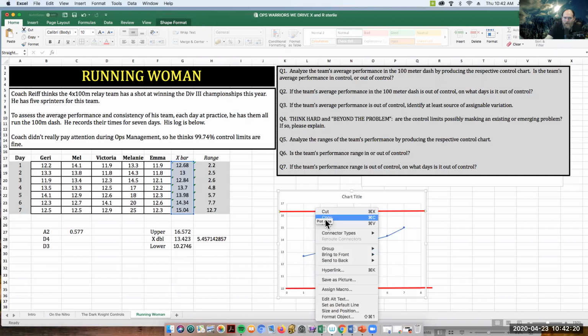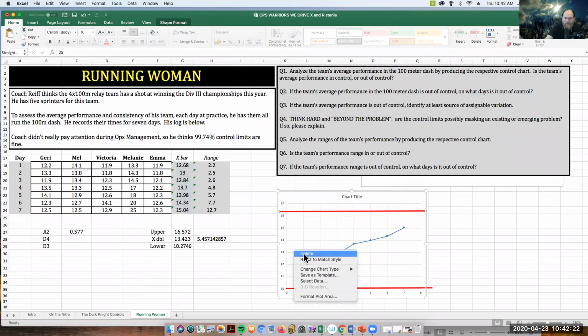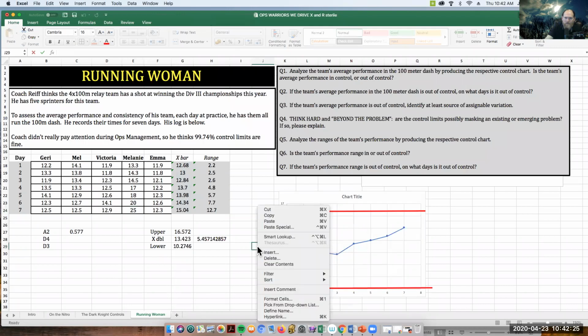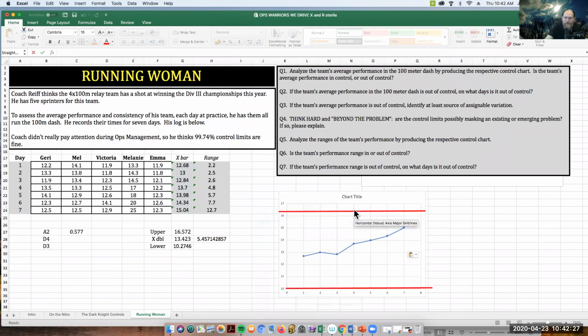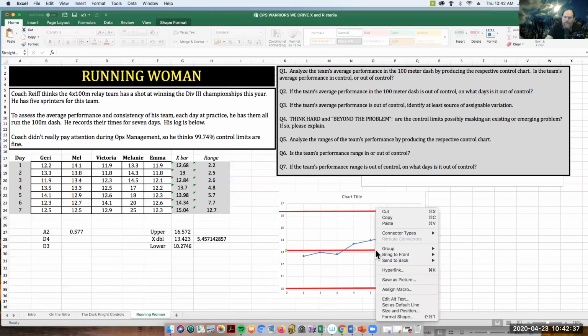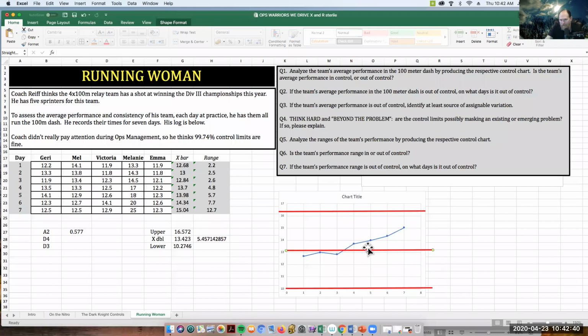They're probably running on average something that's much tighter. So their average is probably around that X bar, which is here. Over time, they're getting farther and farther away from that X bar. So yeah, they're still in control, but the bottom line is because coach didn't really understand what control limits meant, he probably set these control limits way too wide.